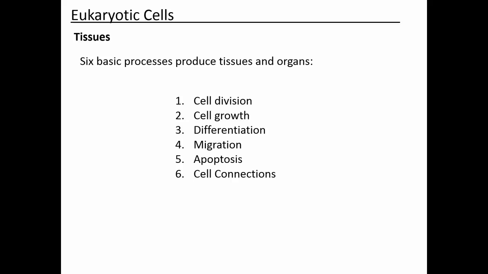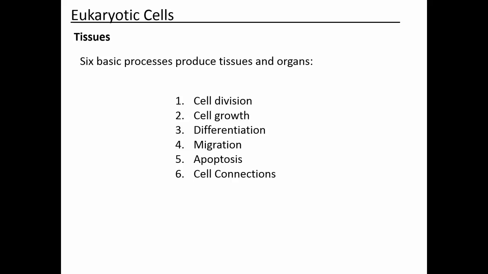So we said that tissues are the association of many cells of the same type. And as it says on the slide there, there's 6 basic processes that produce tissues and organs. I think the first 2 are pretty self-explanatory, cell division and cell growth. So cell division is when one cell divides and gives rise to 2 cells.